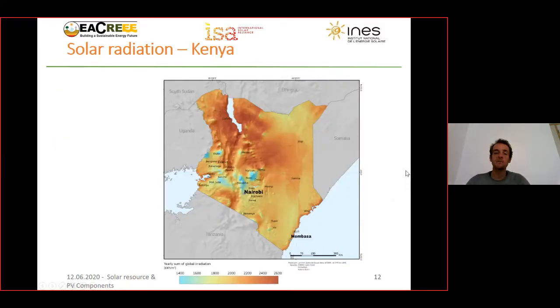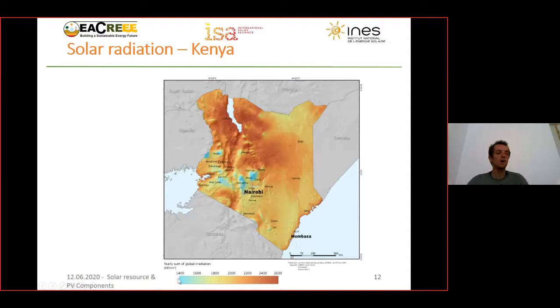Let's take now two more specific examples. First example is Kenya. Here you have the zoom on Kenya country with the same color scale below the map. So you see that in Kenya you can go up from 1,400 kilowatt hour per square meters in the region where you have less energy in Kenya, for instance, north of Nairobi.